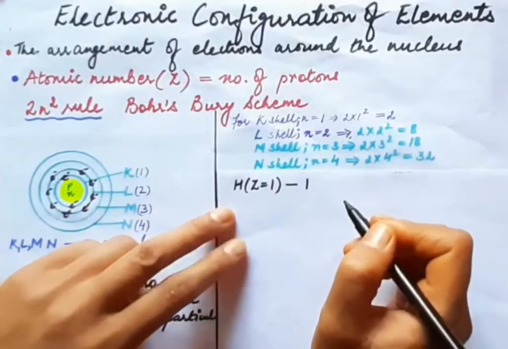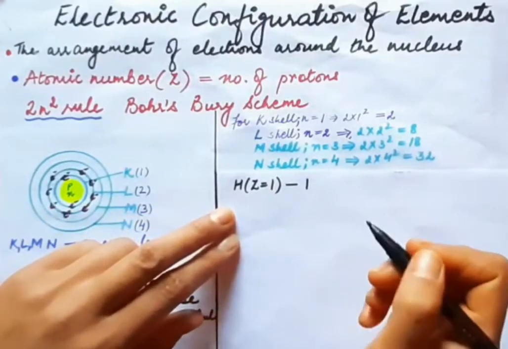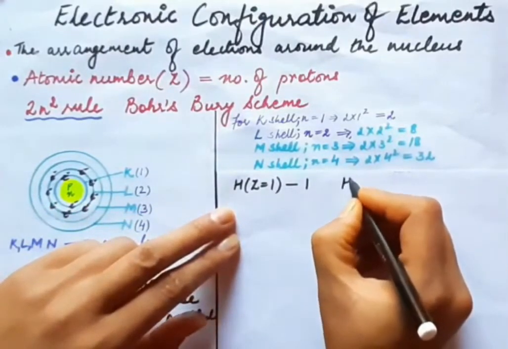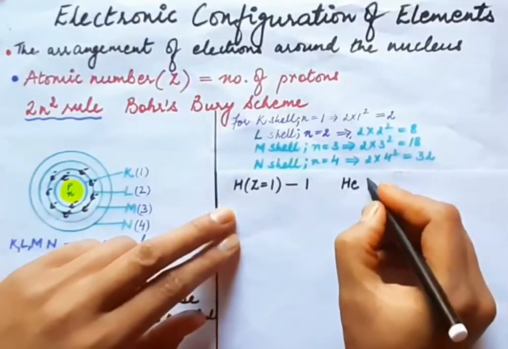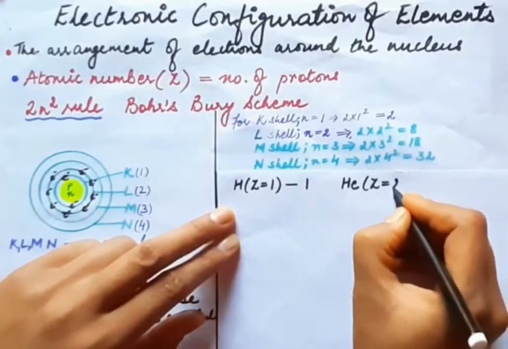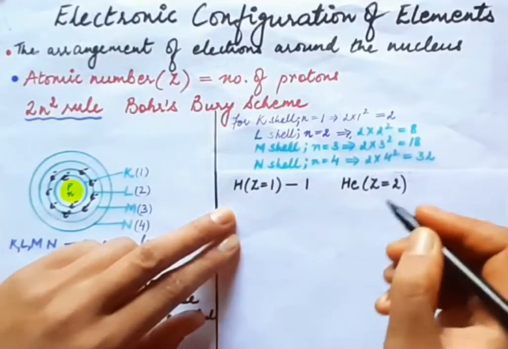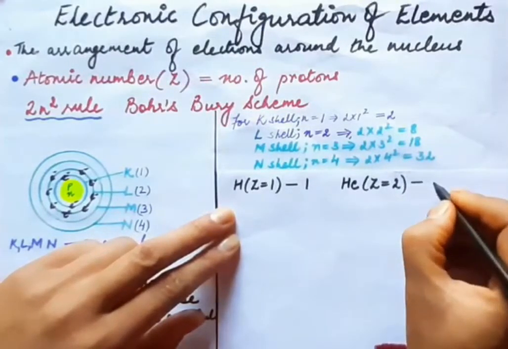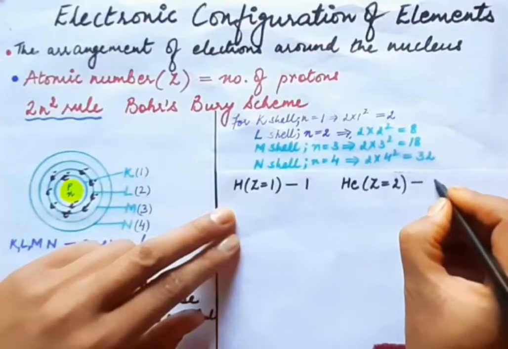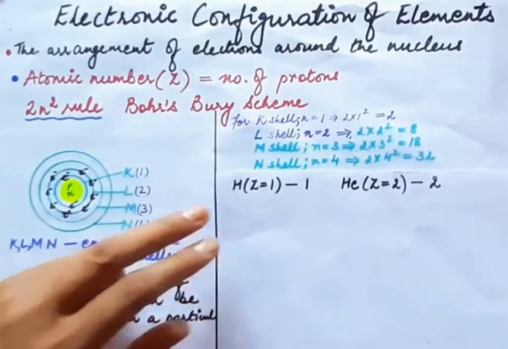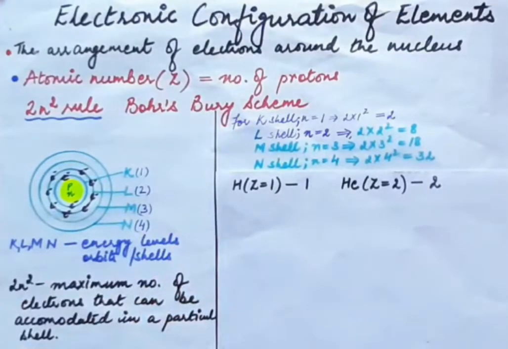Now when we move from hydrogen to the next element, that is helium, the atomic number of helium is 2, which means it has 2 electrons. Its electronic configuration again will have only one electronic shell, but now it will have 2 electrons in that shell, and hence has a stable electronic configuration.